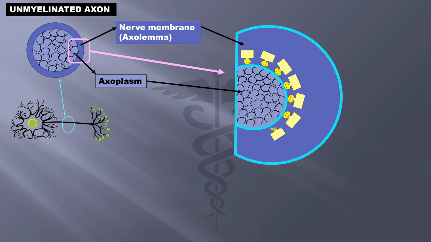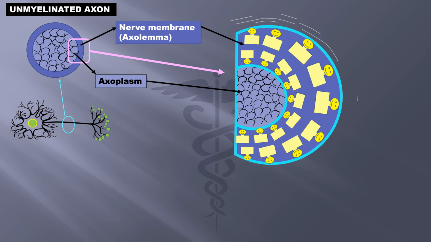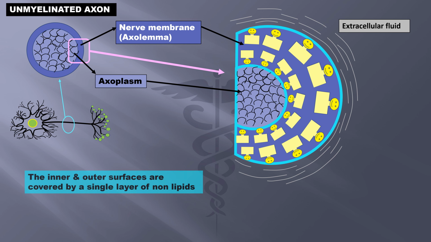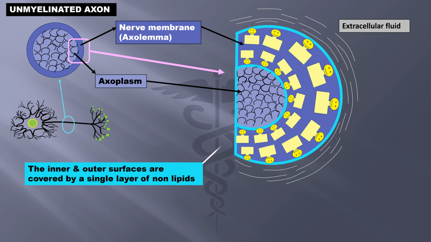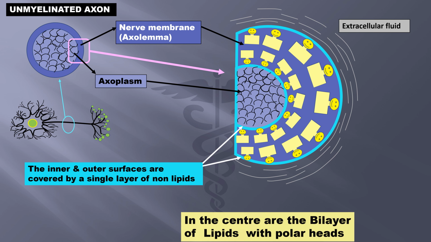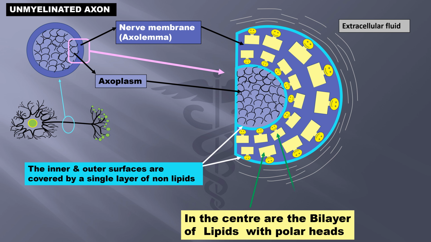Nerve membrane, axoplasm here, and extracellular fluid outside the nerve. The membrane is covered on both the inner and outer surfaces by a single layer of non-lipids. In the center is the bilayer of lipids with polar heads. Next, let us look at the bilayer of lipids.